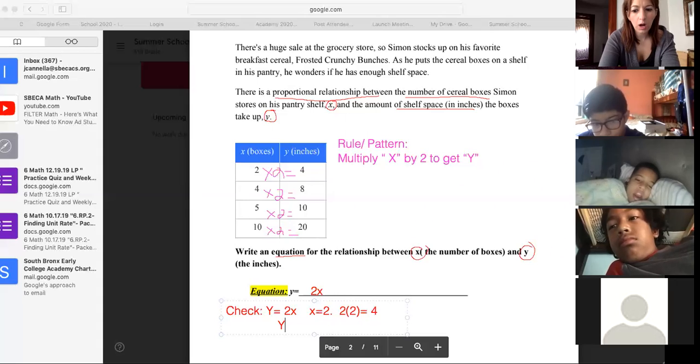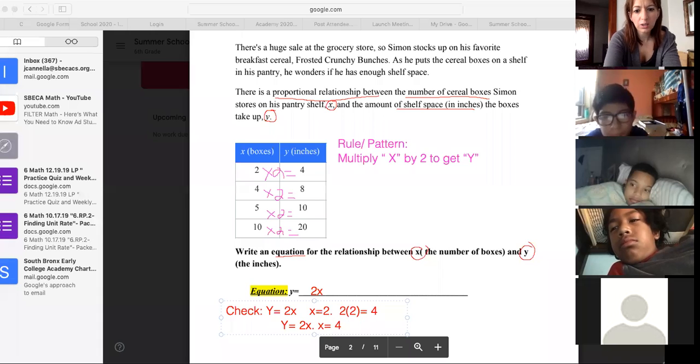Y equals 2X, and X is 4. If I take the 4 and substitute it into the X, that means multiply. 2 times 4 is what? 8. Does Y equal 8? Yes. Okay, let's try it when X is 5.